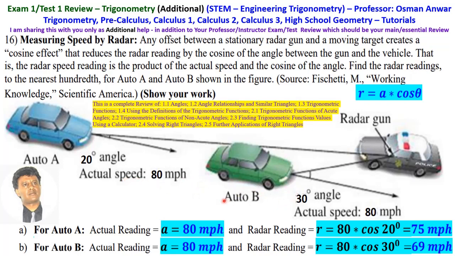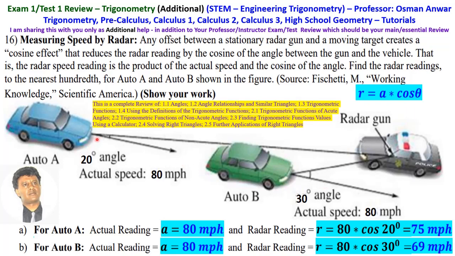Both of them are traveling 80 miles per hour. For auto A, the radar reading is R equals 80 cosine 20, which is 75 miles per hour. For auto B, the actual speed is 80 miles per hour, but the radar reading is R equals 80 cosine 30, which is 69 miles per hour.